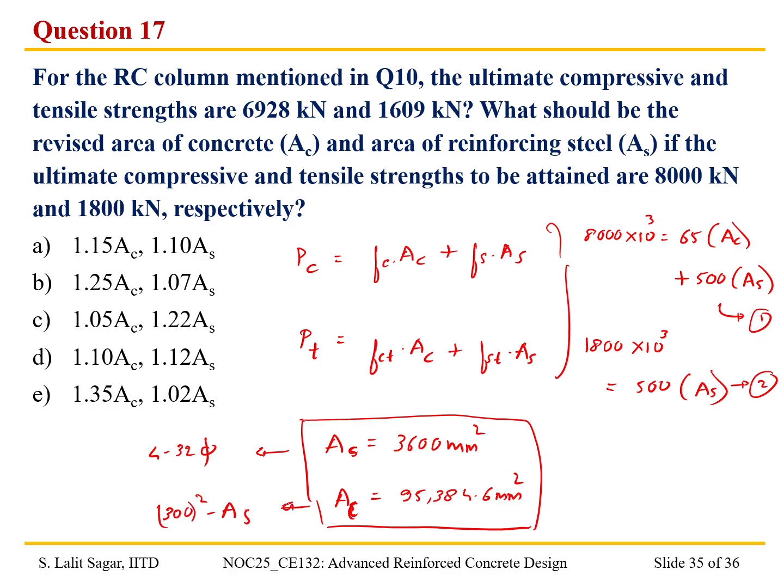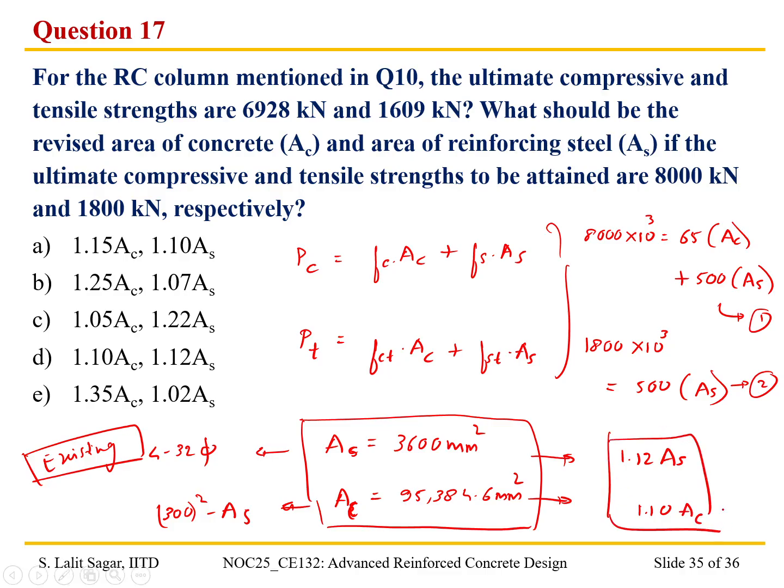So when you compare this with the existing values, the value of the area of the steel and concrete to be provided can be expressed as 1.12 AS and 1.10 AC, right? So the correct answer is option B.